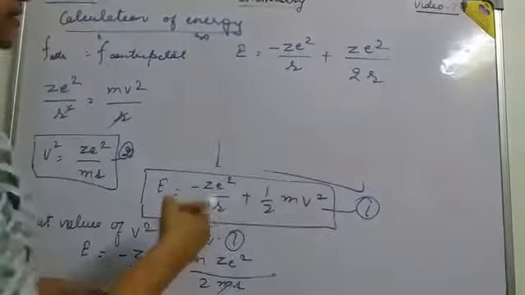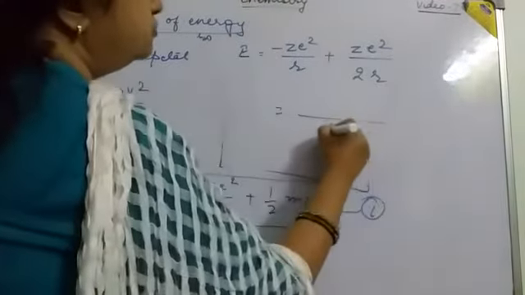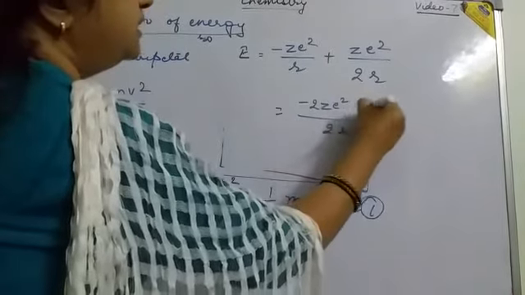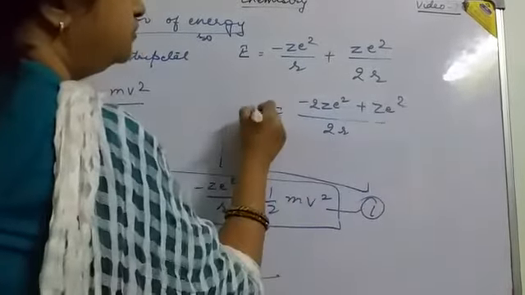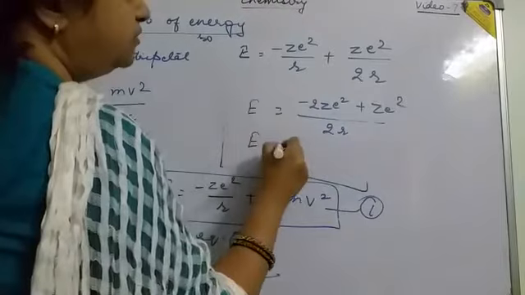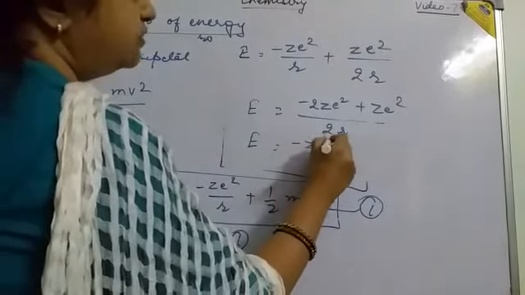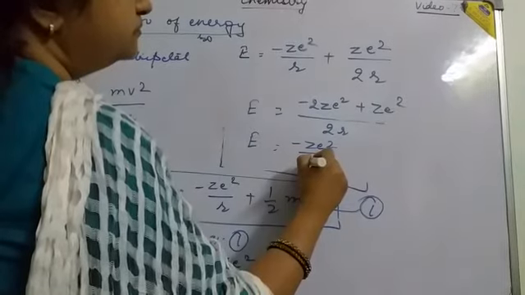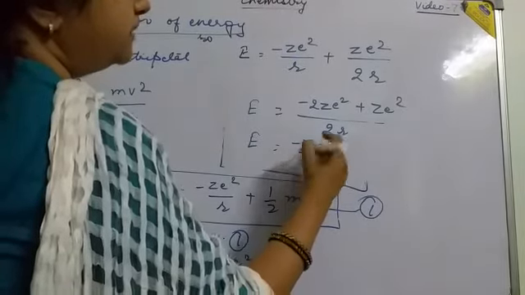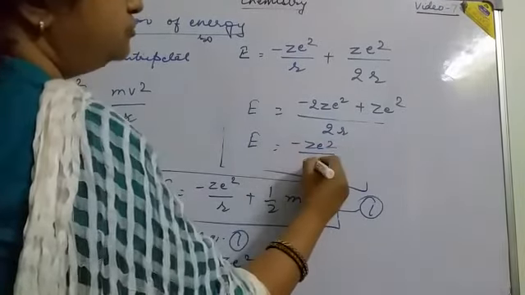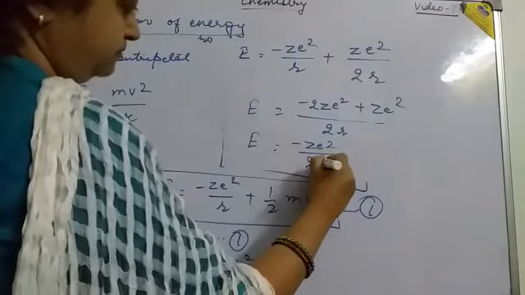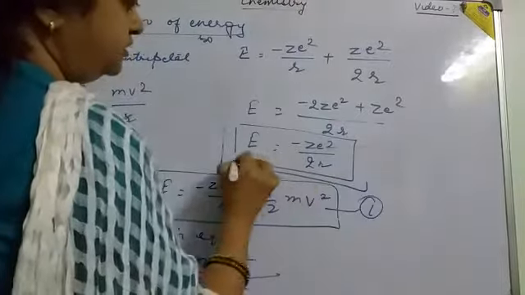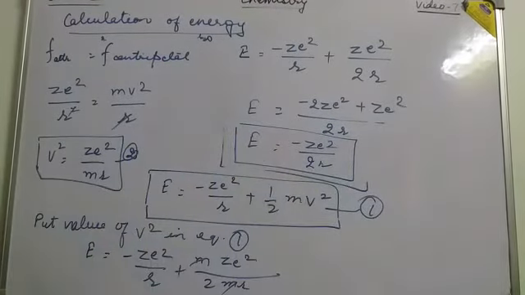By calculating this, E equal to minus Ze square by 2R. This is the energy of an electron.